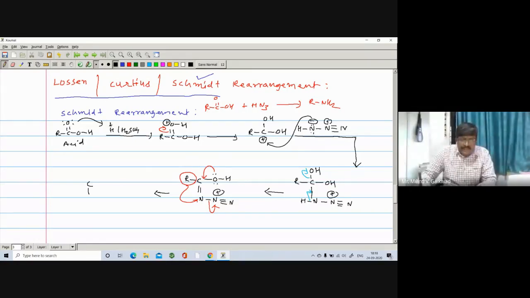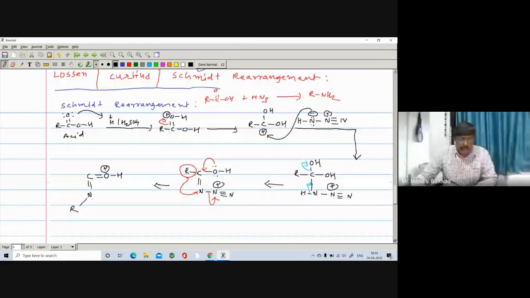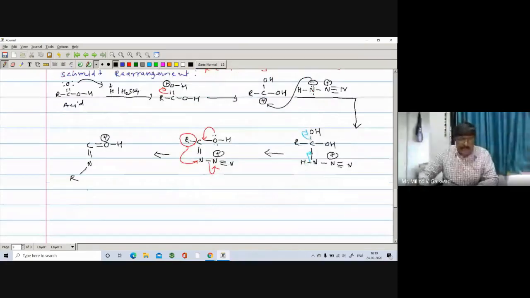Here is a double bond, here is N, there is removal of N2, nitrogen is positive. So there is attack of R and there is an attack of a lone pair from the oxygen. That's why oxygen carries a positive charge. So you are getting such type of intermediate. Now oxygen carries positive. We have to neutralize this positive.